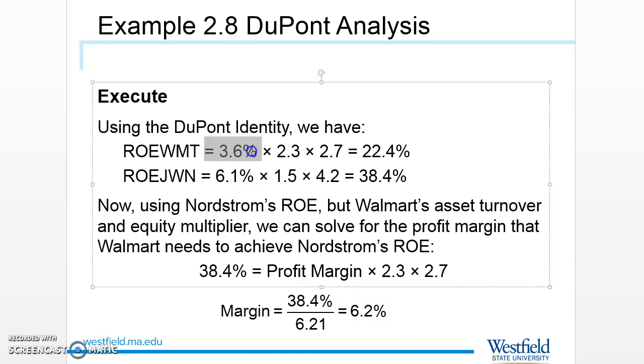This number would have to be 6.2 for the ROE of Walmart to be the same as the ROE of Nordstrom. Right? And all we did was, instead of saying 3.6 for the profit margin, we put profit margin back in and said that the ROE had to be 38.4%. So we have 38.4% equals profit margin times 2.3 times 2.7, right? And then we solve for profit margin, which is 6.2. Okay, so we can do that to see what change Walmart would need to make to raise its margin to match that of Nordstrom.